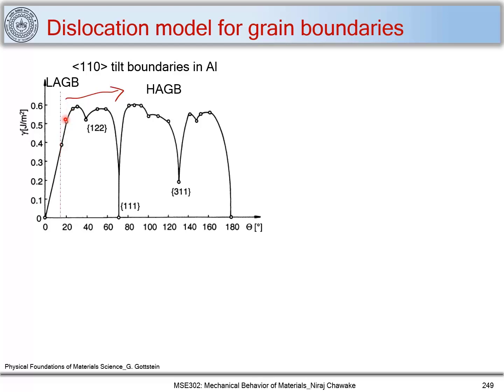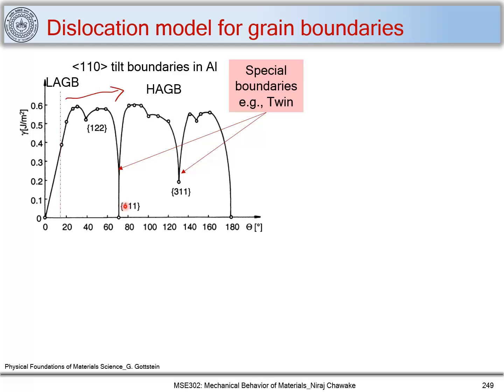But as soon as we enter into high angle grain boundaries, you can see that the boundary energy is more or less constant. And for some of the boundaries, you get lower energies. These are the cusps in grain boundary energy with respect to misorientation angle. These are called special boundaries, which have lower energy configurations, for example twinning, etc.